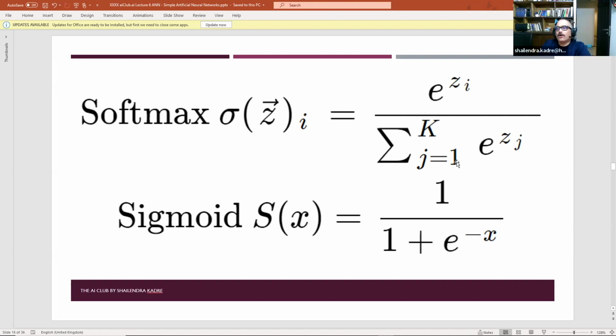Okay. Now the sigmoid function I can show you on a 2D graph. See, suppose I have a 4-class problem. I have to separate the data into 4 classes, 1, 2, 3, 4. Then I will use softmax, right?